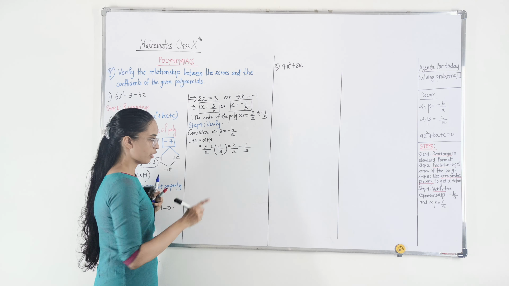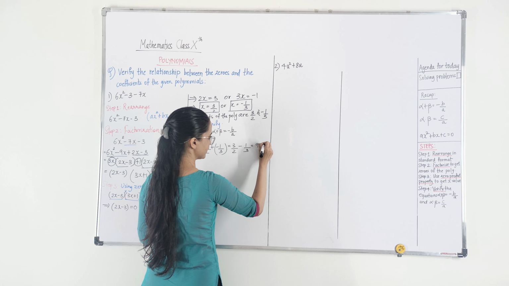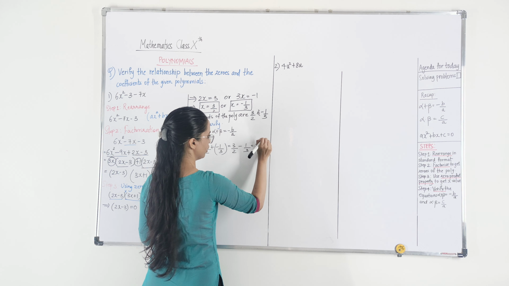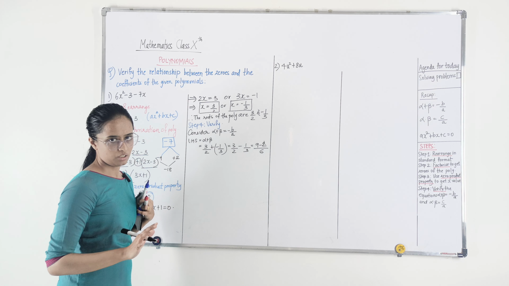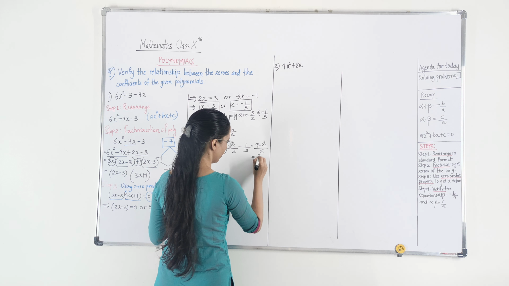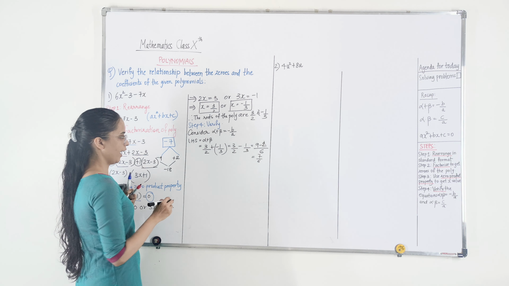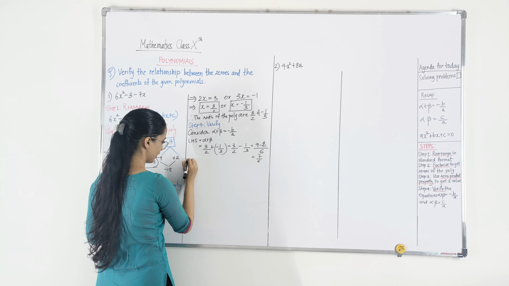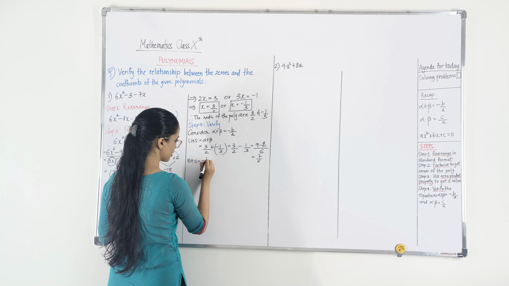Now when you cross multiply, 3 into 3 is 9, 2 into 1 is 2, and 3 into 2 is 6. This is your normal arithmetic operations. So this becomes equal to 7 by 6. So you got the value of alpha plus beta, or LHS, as 7 by 6. Now try to calculate the RHS. What is your RHS? Minus b by a.